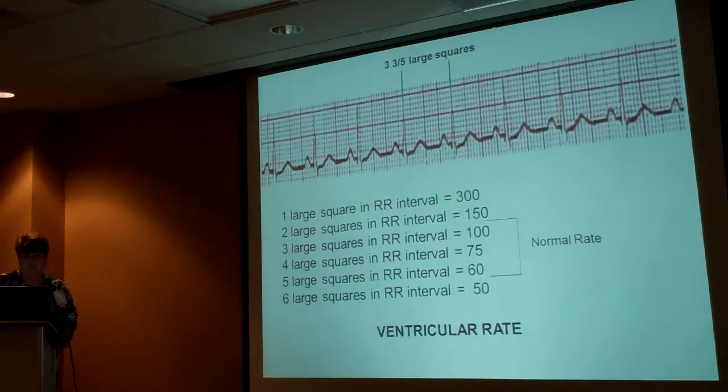Where do you go? You go take a pulse. So with this one, if we have between 3 and 4 large squares, we're going to be somewhere around a rate of 82-ish, somewhere in there. Okay. Any questions on that? Okay.